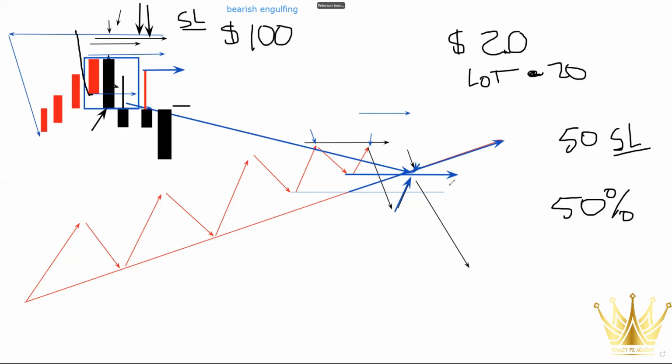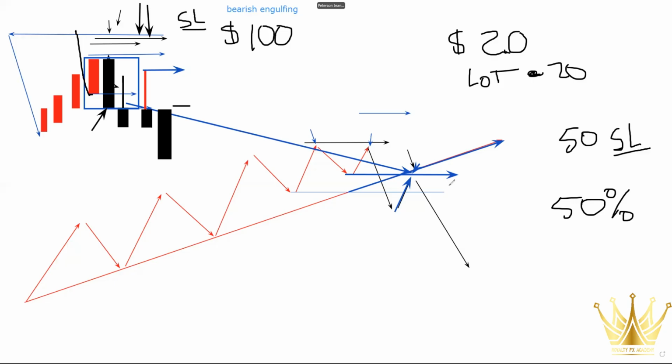Okay, so I have a $100 account. I want to make sure that my stop loss should never be more than 1% or 3% of my capital. You should not risk more than 1, or a maximum of 3%, of your capital.